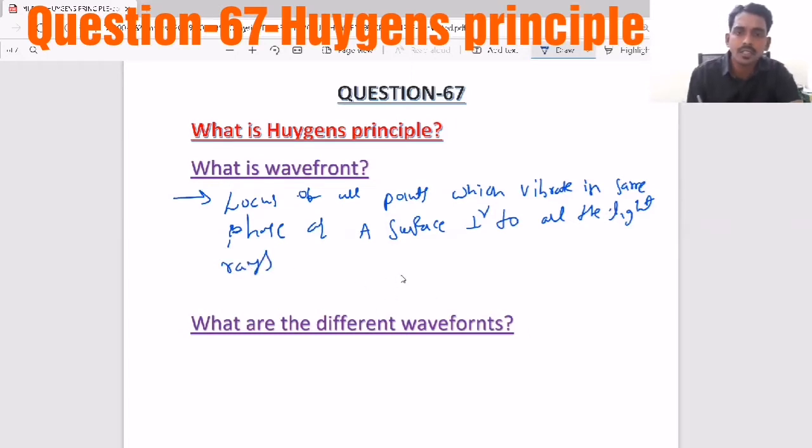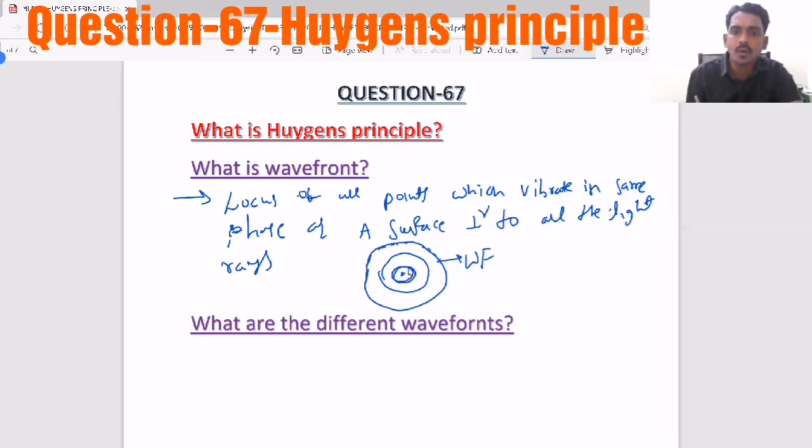Just like when there is a point source, you can imagine concentric circles, and every concentric circle is a wavefront because each and every point on it vibrates in the same phase.